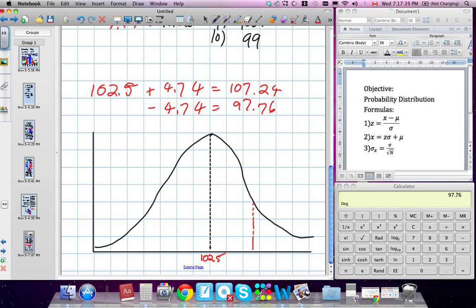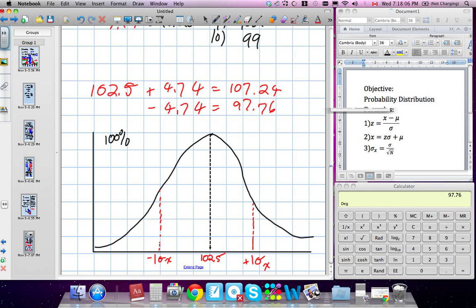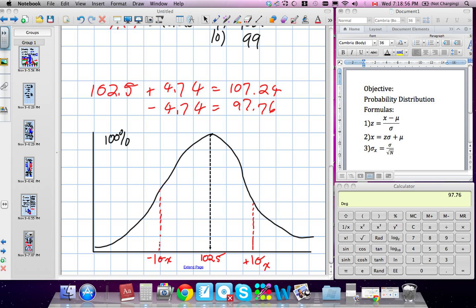So we make our chart like usual. We found our population size. We discovered our mean to be 102.5. Our standard error said that one movement from this, or one standard error movement, is also known as a deviation. So this is plus 1 standard error.